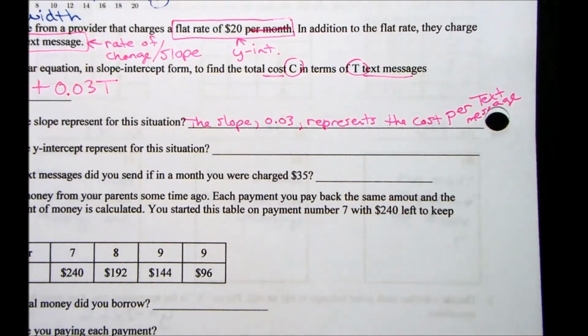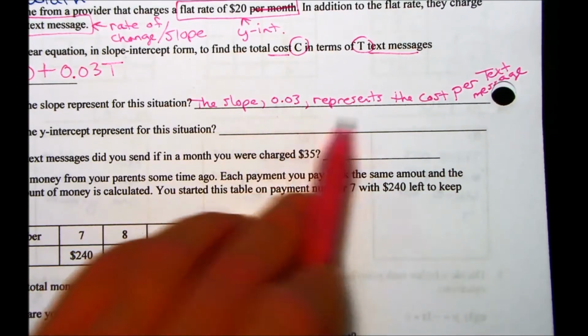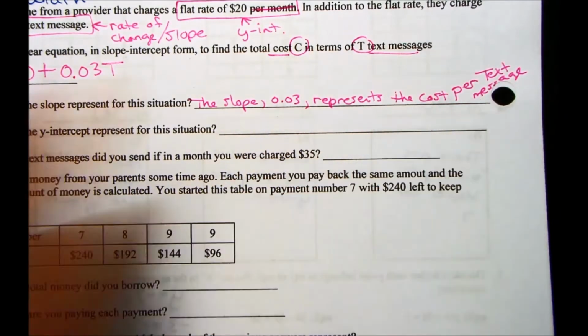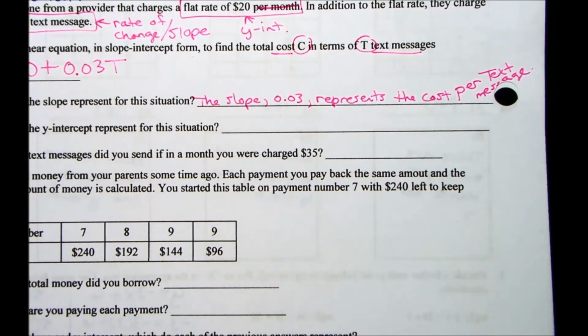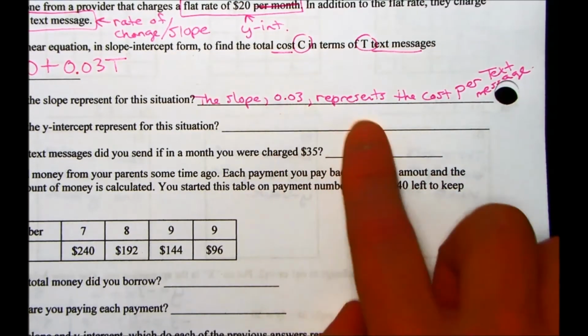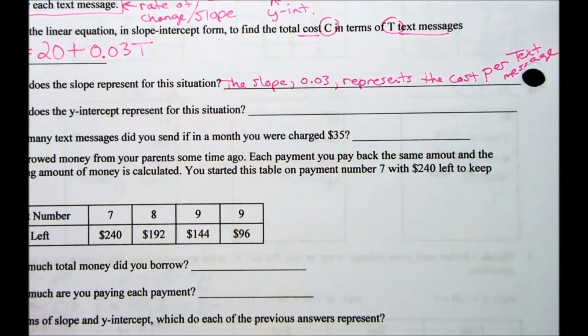Maybe I should have given a little more room for that. So the slope, which is 0.03, represents the cost per text message. Again, you can write your explanation a little differently as long as you've got your slope in there and the explanation means the same thing as mine.